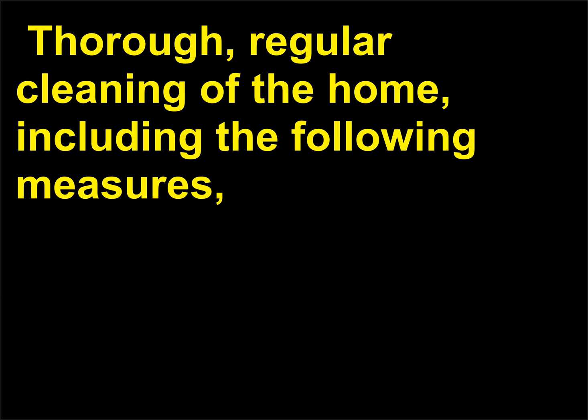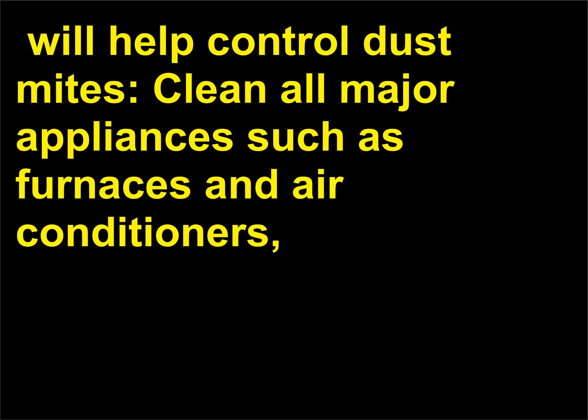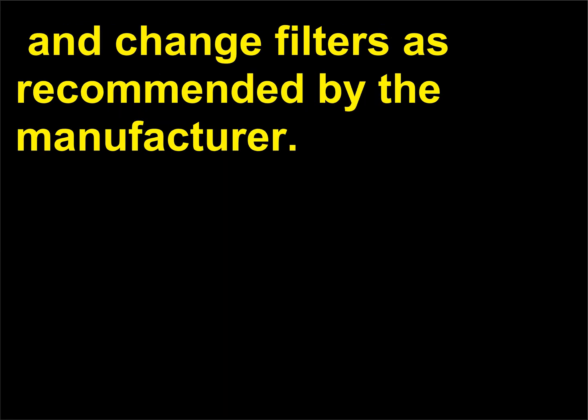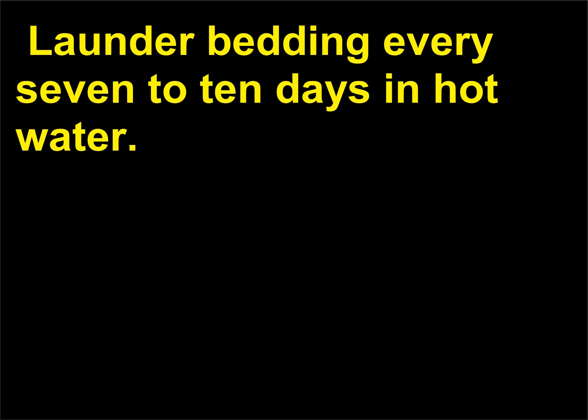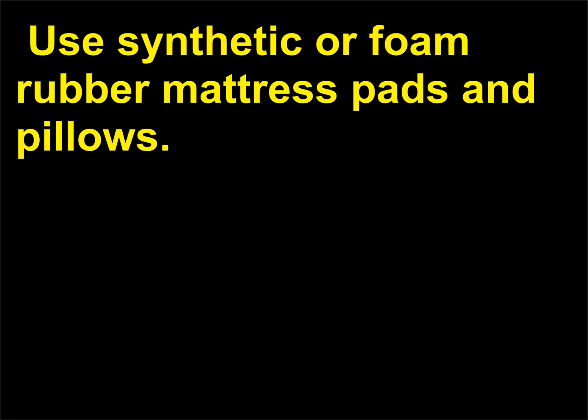Thorough, regular cleaning of the home, including the following measures, will help control dust mites. Clean all major appliances such as furnaces and air conditioners, and change filters as recommended by the manufacturer. Launder bedding every 7 to 10 days in hot water. Use synthetic or foam rubber mattress pads and pillows.